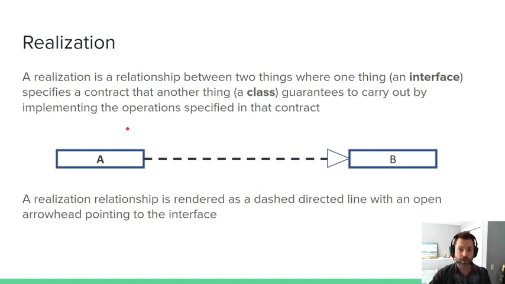Basically, this is just a way to provide access to another class. Here you're specifying what's called a contract. We're not going to go into too much detail on contracts. That gets a little bit too detailed for where we need to be, I think. But this realization relationship is specifying what has to happen to access this particular class.